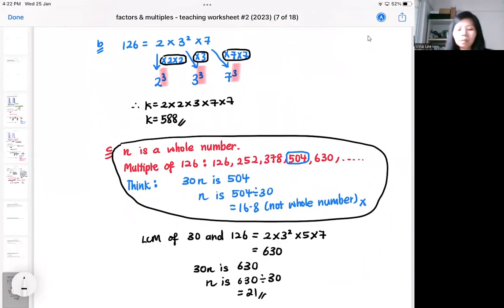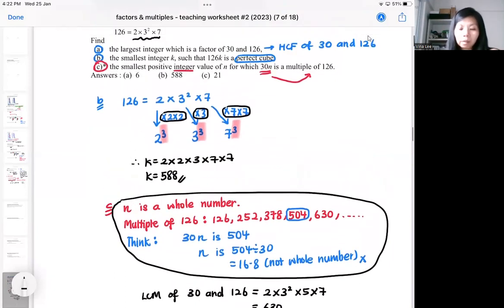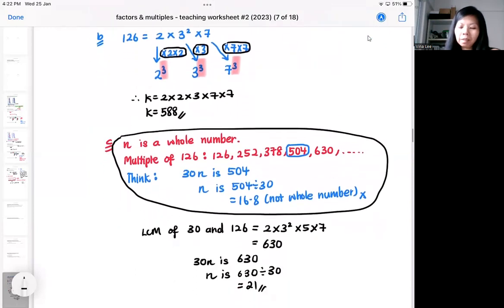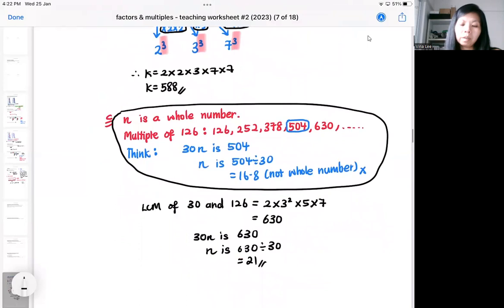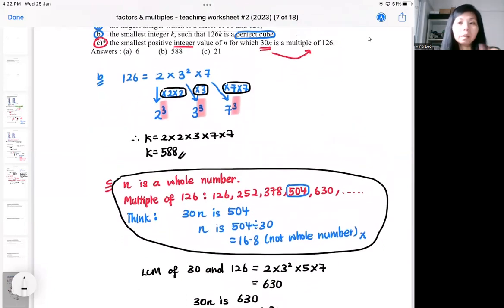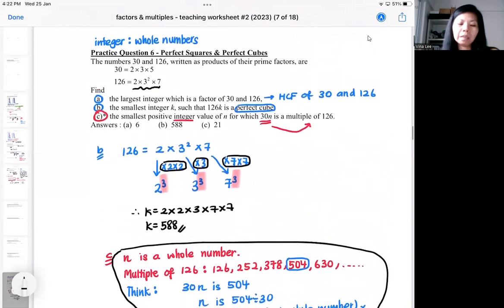The most convenient way is to get the LCM first, and then 30n is equal to the LCM, and it will eventually give you a whole number. Any other multiple of 126 that you try may not give you n as a whole number. So that is the significance of integer. Integer means whole number.